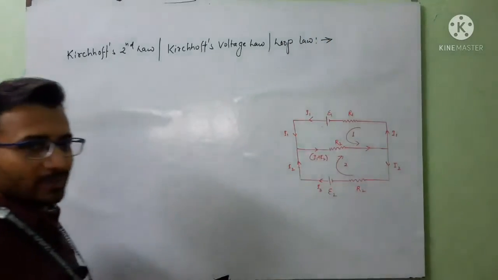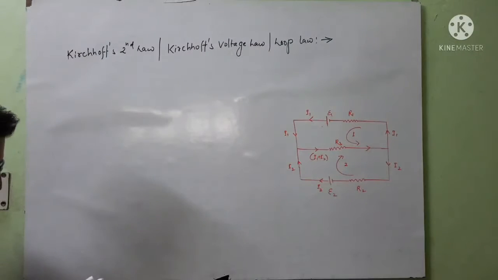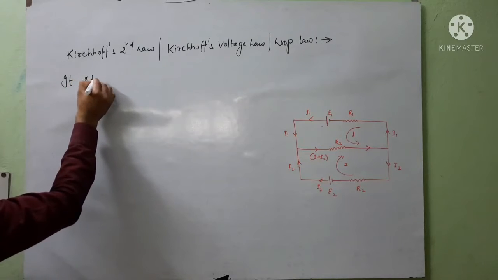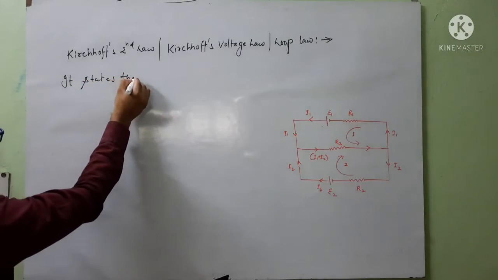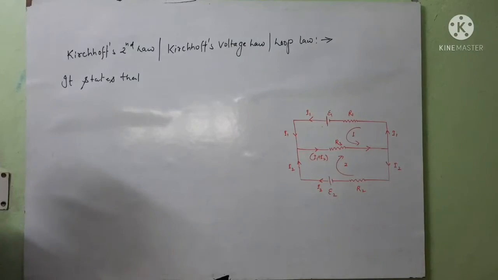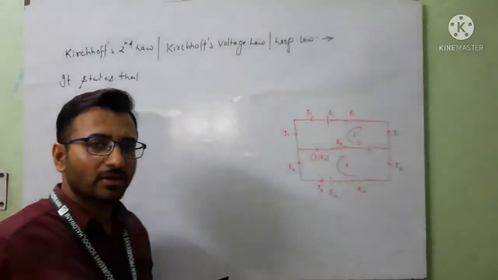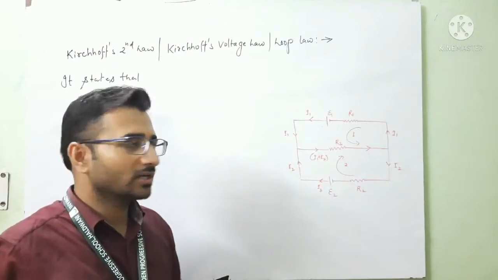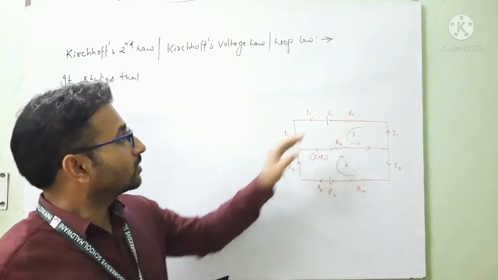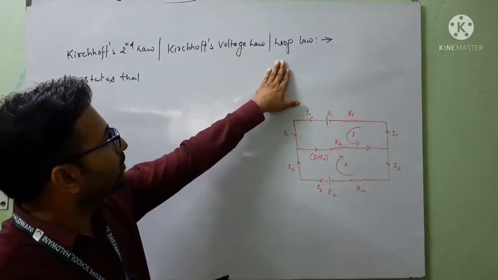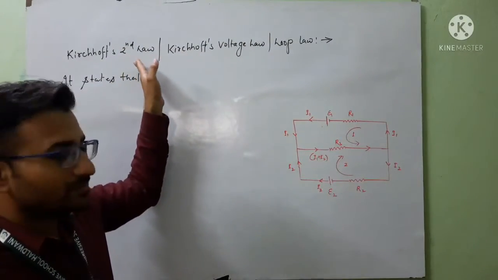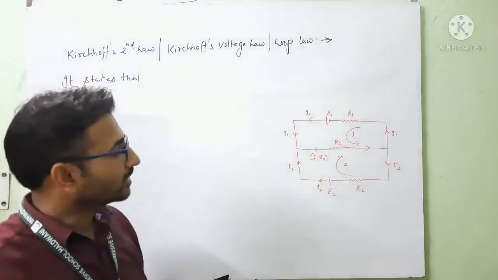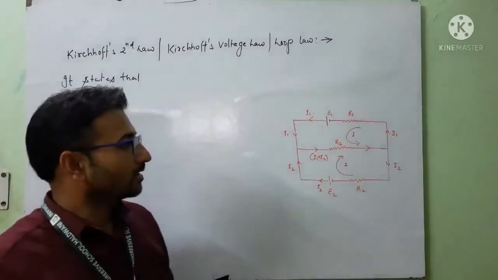In this diagram, it deals with the voltage, the EMF and the product of electric current and the corresponding resistance. It is also known as loop law, voltage law, Kirchhoff's second law or Kirchhoff's circuital law. We are taking a closed circuit here.